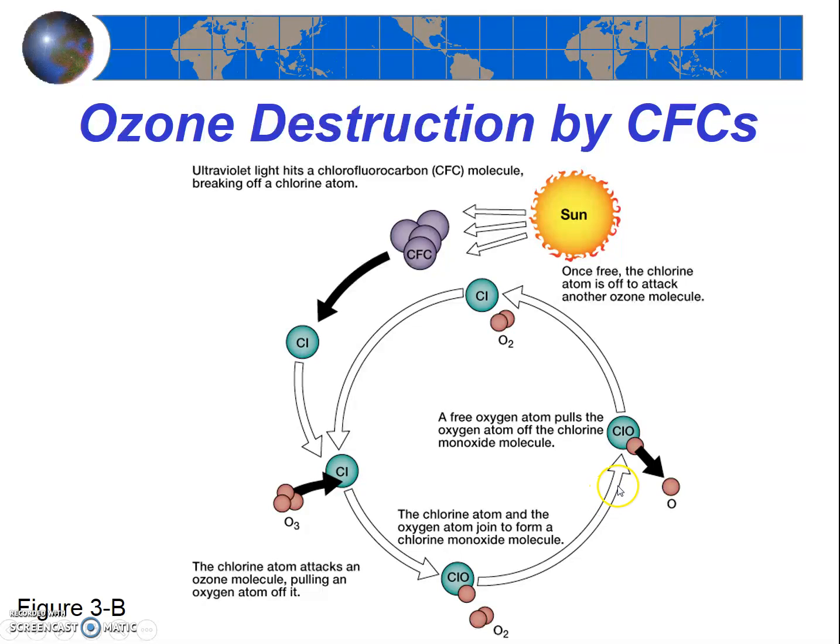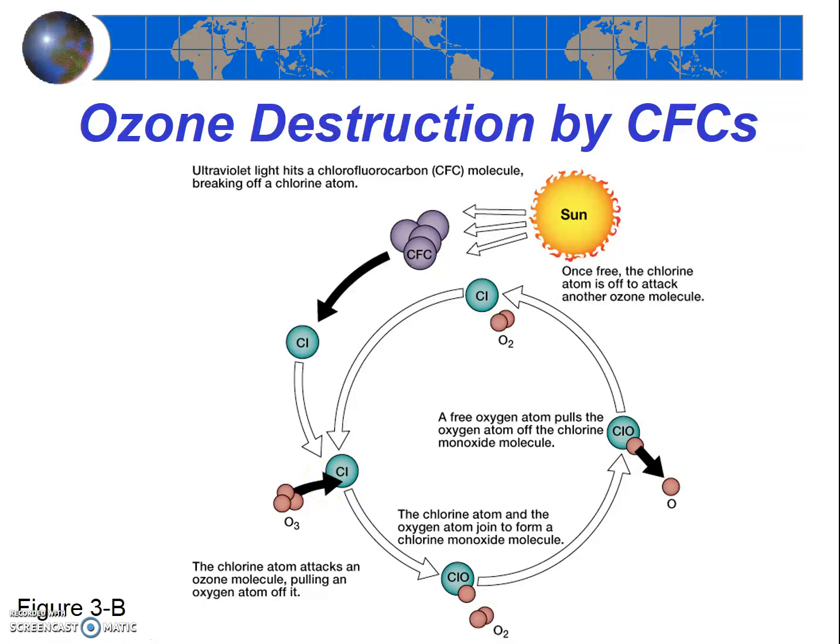Then the chlorine monoxide combines with an oxygen atom to form another molecule of diatomic oxygen and a free chlorine atom. So through this process, an ozone molecule was destroyed. And notably, notice that this chlorine atom is now free again and free to go take out another ozone molecule.